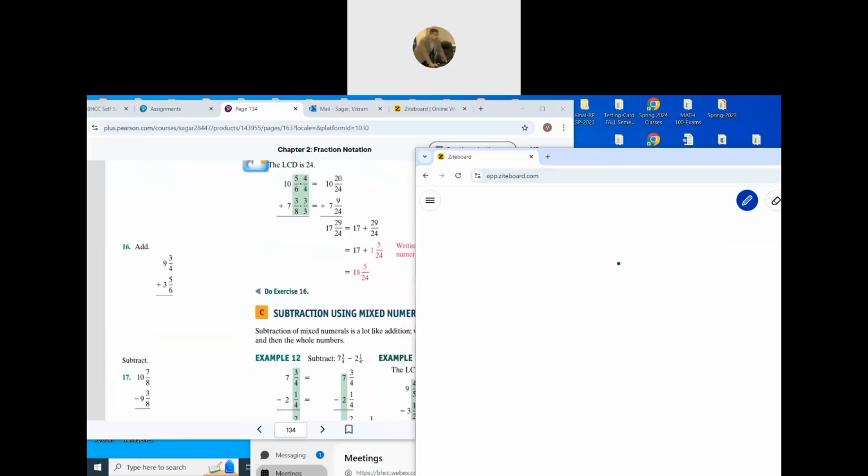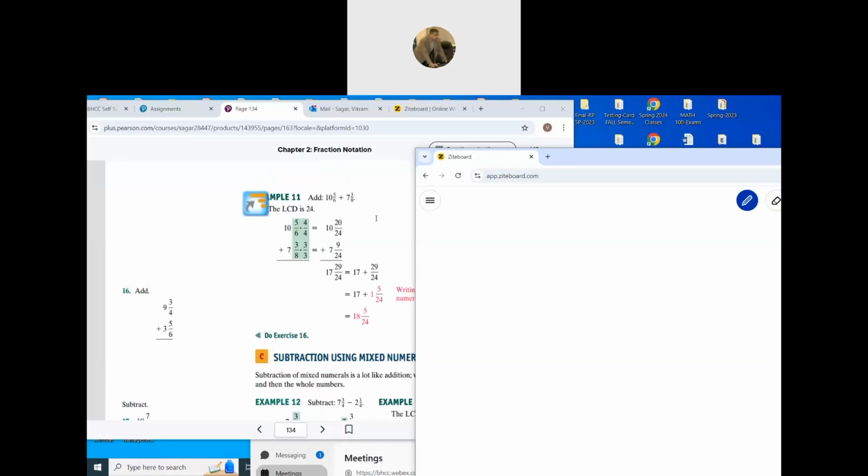Okay, let's go. Which one should we do first? This one? Yes. Okay, so this is going to be 10 and 5 over 6, plus these are what? These are mixed numbers, right?